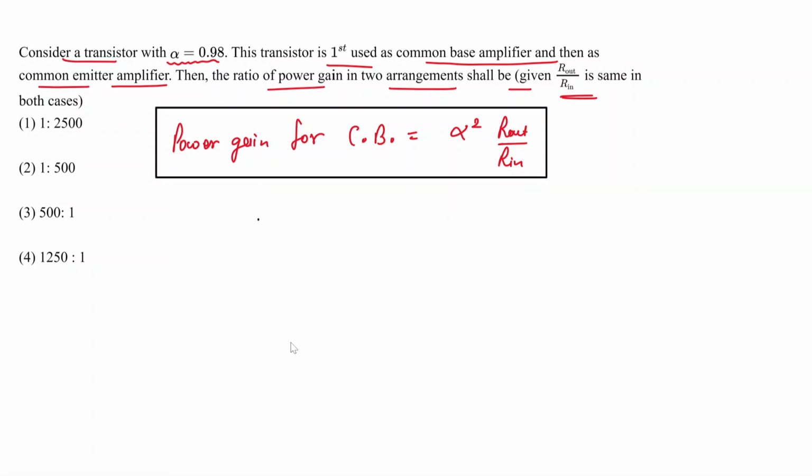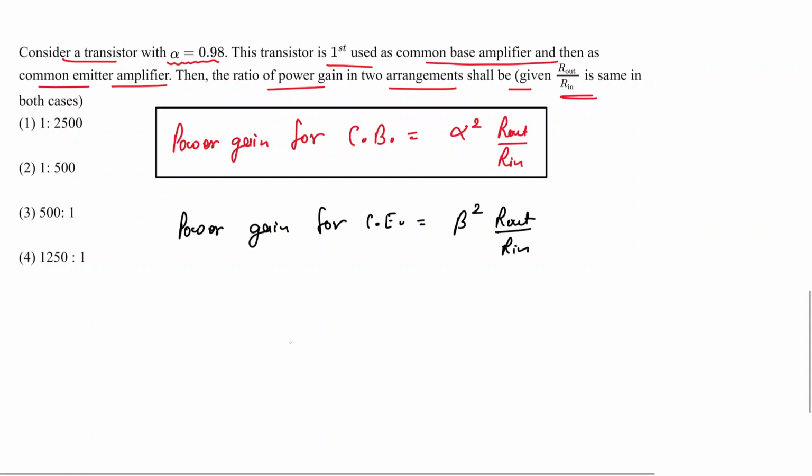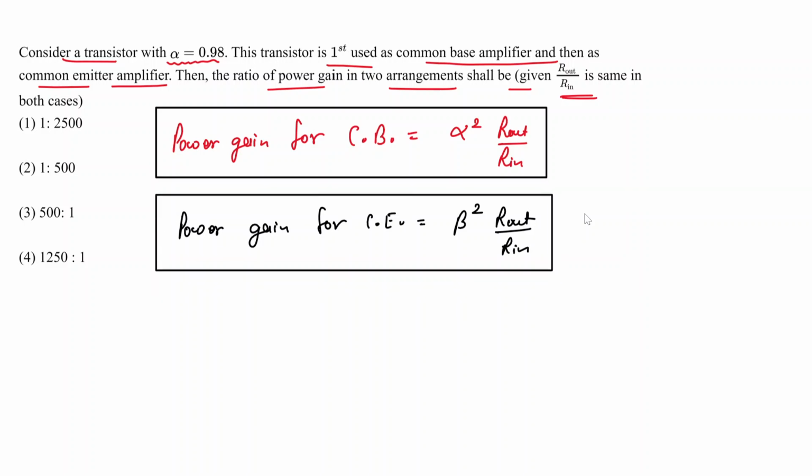So this is one formula that you have to understand. Similarly, the power gain for common emitter configuration is equal to beta square R out by R in. If you recall, alpha was the current gain in common base configuration and beta was the current gain in common emitter configuration.